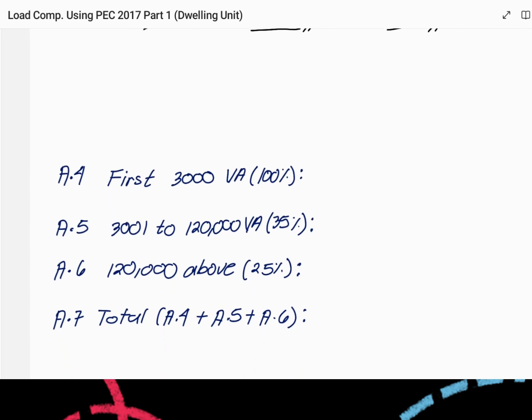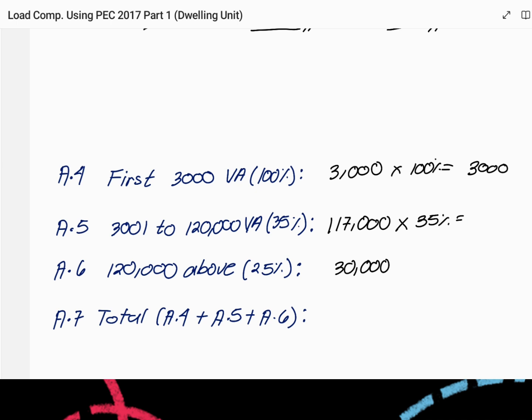Next, we will apply the demand factor. So for the first 3,000, let's input the 3,000. Then the 117,000. And lastly, the 30,000. Then we will multiply this with their respective demand factor. So 3,000 times 100%, that is equivalent to 3,000. Then 117,000 times 35%, so that is equivalent to 40,950.